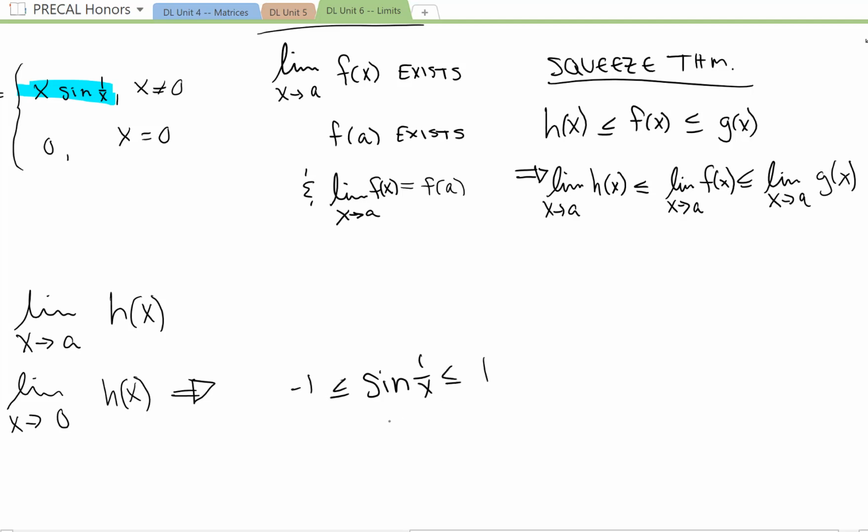Sine of anything is between -1 and 1. Now I need this to be x times sine of 1 over x. So I'm going to multiply everything by x to get -x is less than or equal to x sine of 1 over x less than or equal to x.